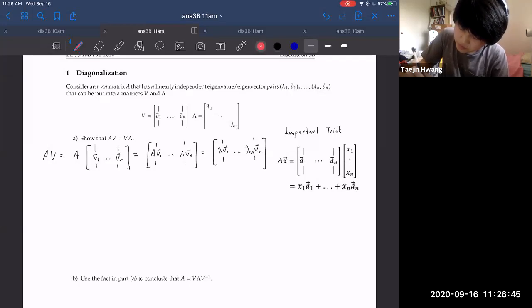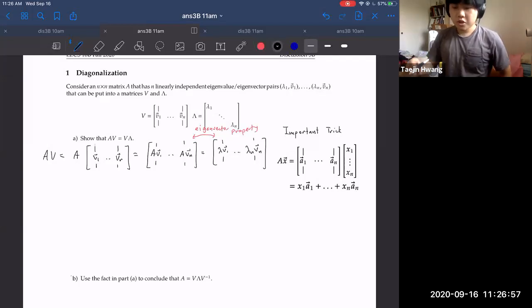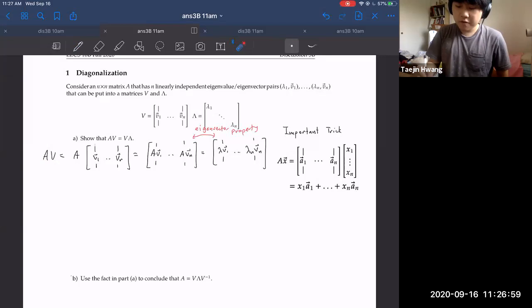So this is because of the eigenvector property. So this is what AV is equal to. AV is equal to a matrix with columns lambda 1 V1 all the way up to lambda n Vn.